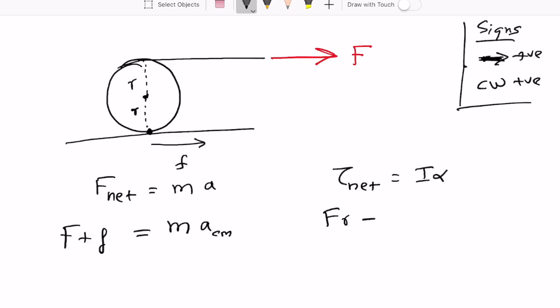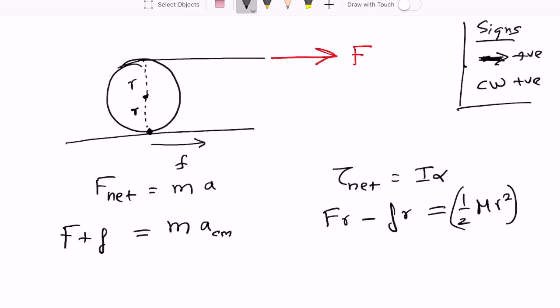So minus little f times r is our net torque. That is equal to I alpha. I in this case is 1/2 m r squared for a cylinder. That's just out of the table. Times alpha. Now what do I do with alpha?